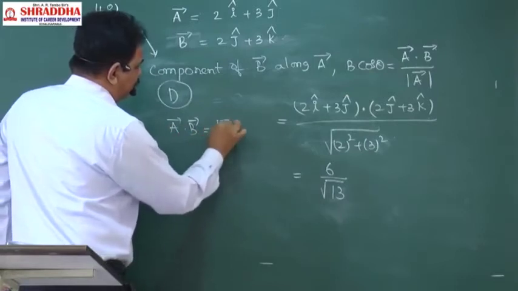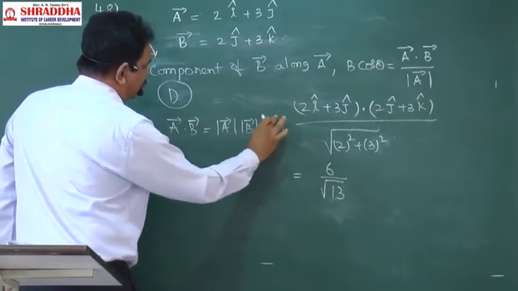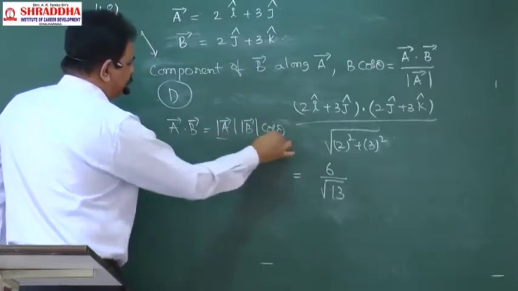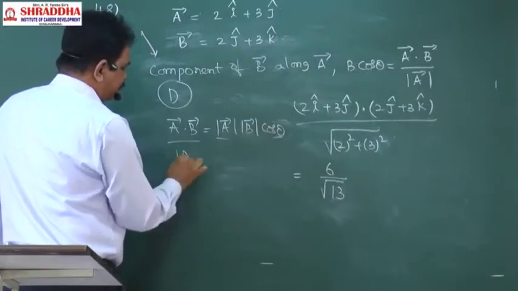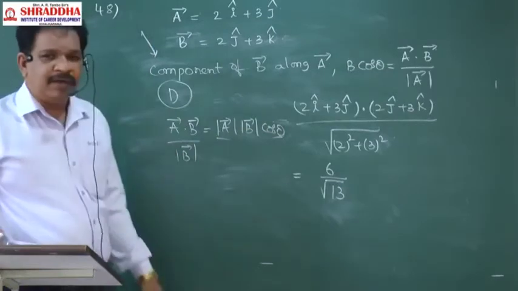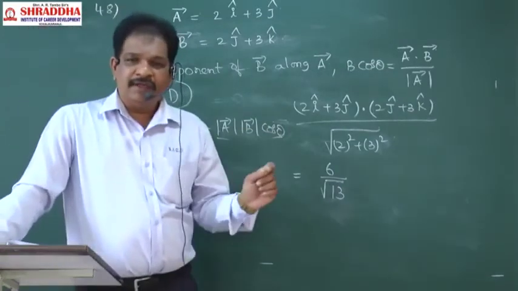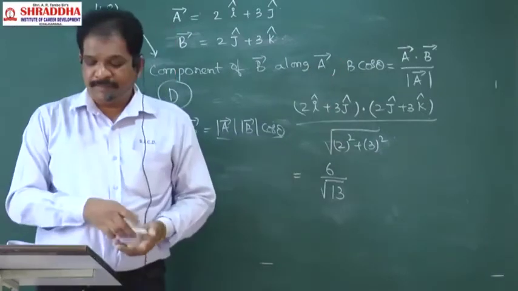Modulus of A bar, modulus of B bar cos theta. Component of A bar along B bar means A cos theta. That will be equal to A bar dot B bar by mod B bar. Depending on the question you have to do. Remember, these are the formula.